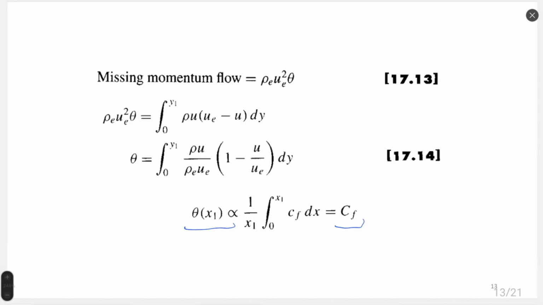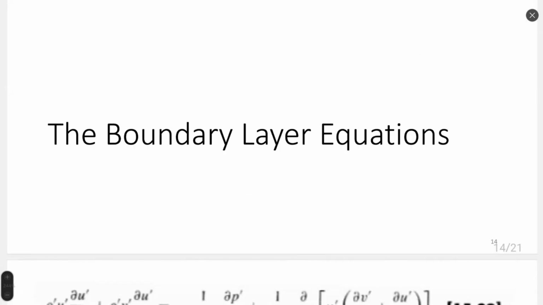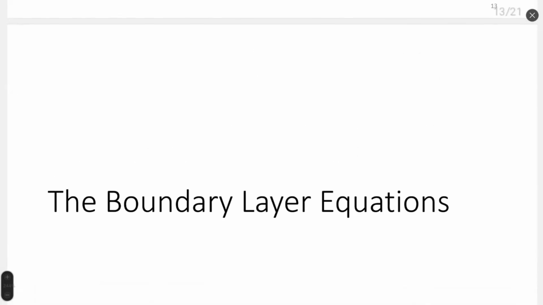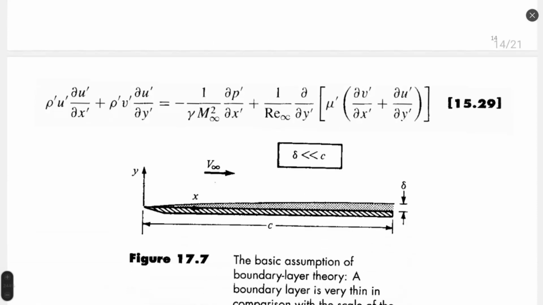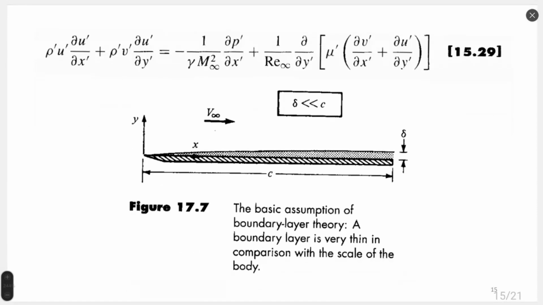Bigger is the friction coefficient, bigger is the displacement of momentum. And these parameters allow us to simplify flow, or to simplify calculation of flow in a preliminary phase of design.